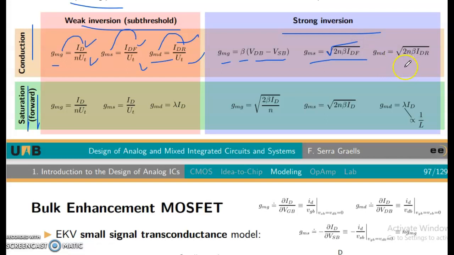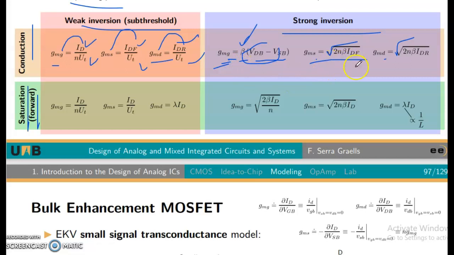In GMD, 2n beta square root of IDR. In the gate, beta multiplied with the drain to base voltage minus the source to base voltage, then we get GMG.